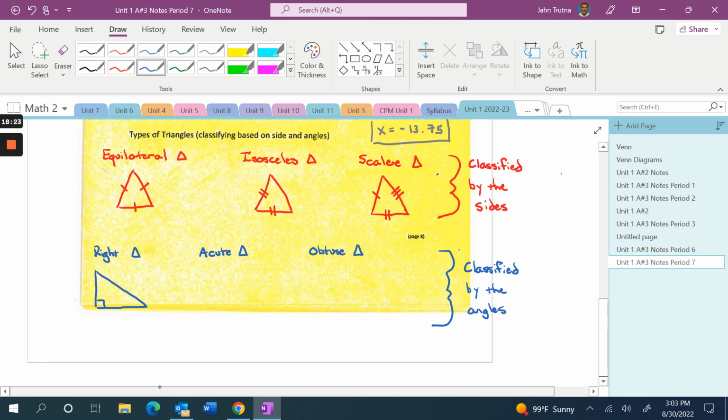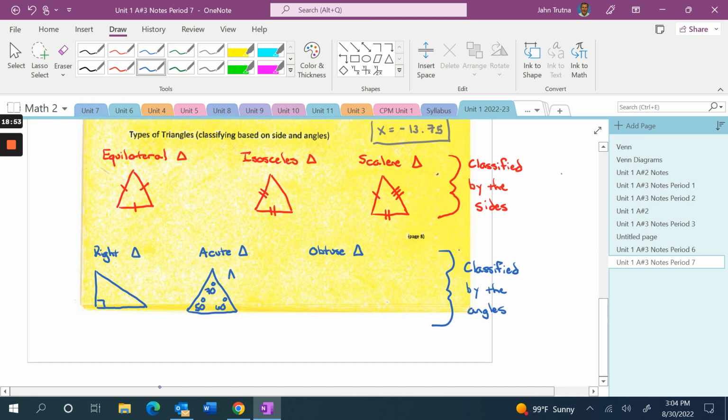All right. Okay, how about an acute angle? What makes an angle an acute angle? Right. All the angles are less than 90. All right, so let's draw an example of it. So as long as all three of the angles are less than 90 degrees, as indicated there with 50, 70, and 60 degrees, that's an acute triangle.